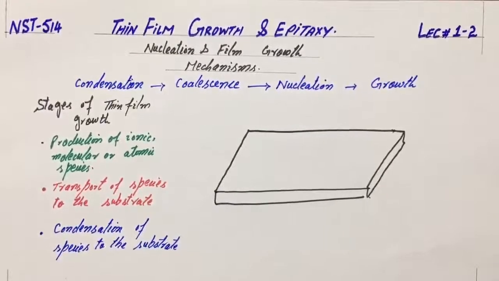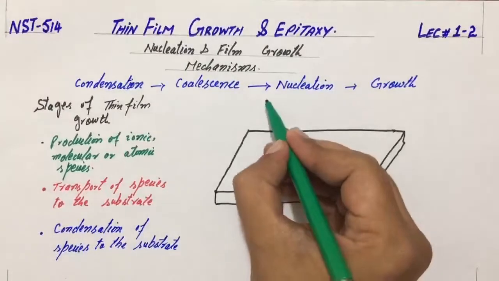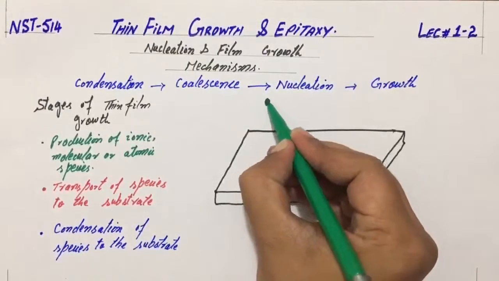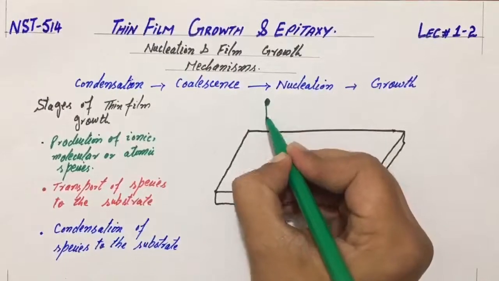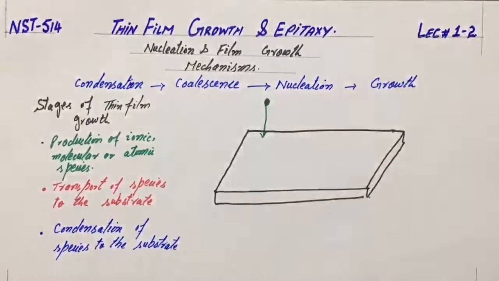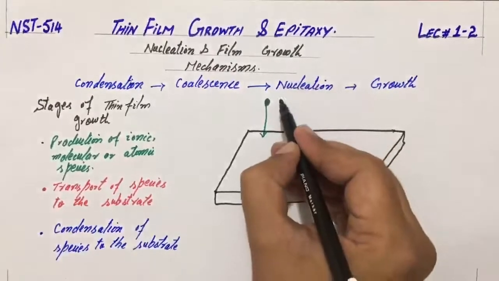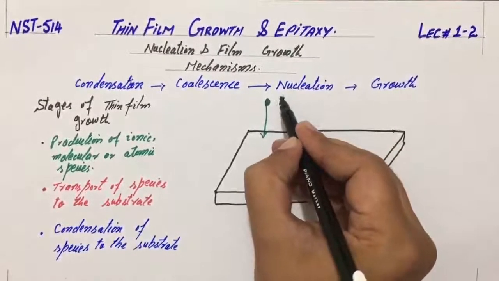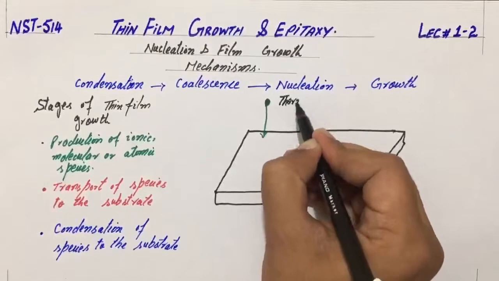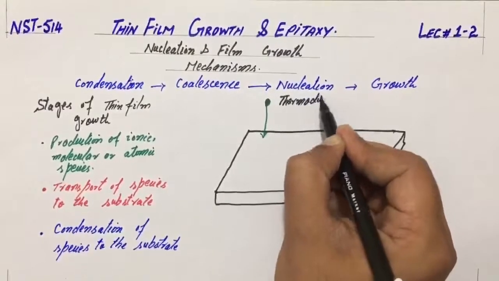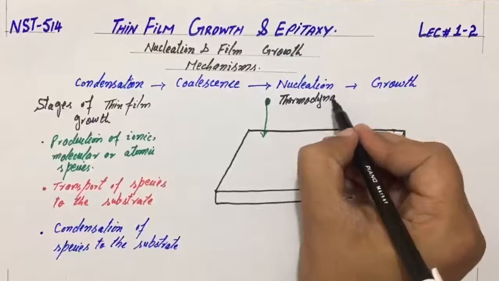So a material particle is coming from this ambience and deposits on this substrate. So before the deposition, all this phase before deposition is concerned with the thermodynamics of the particle.